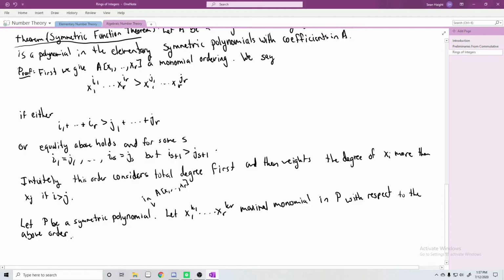Okay, with non-zero leading coefficient C, I guess with non-zero C and A. Okay, so since P is symmetric, it has to basically contain every other monomial that's a permutation of this monomial.